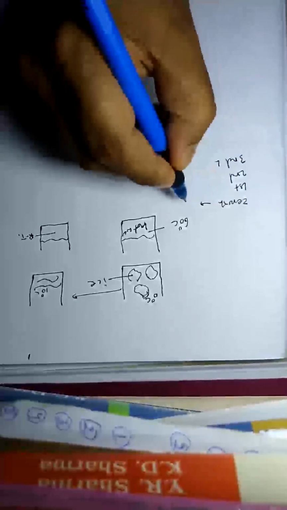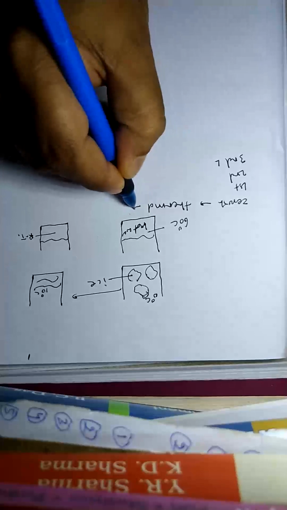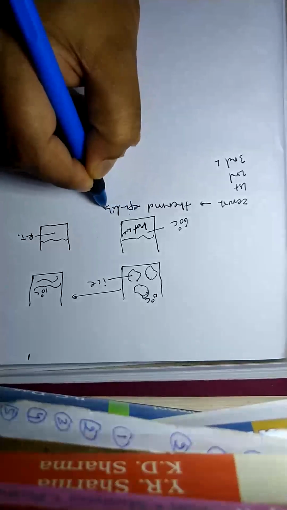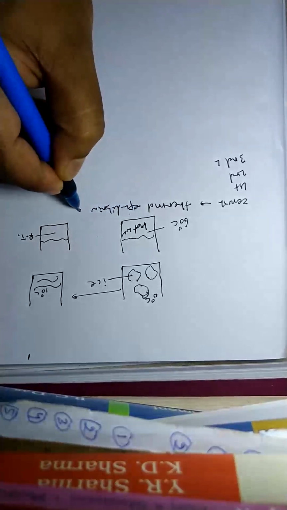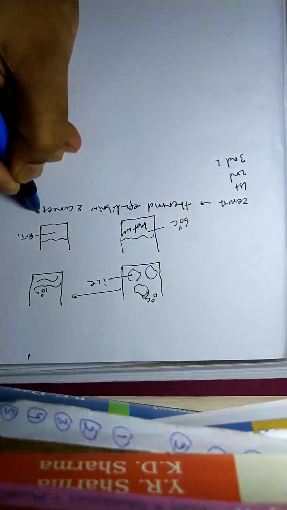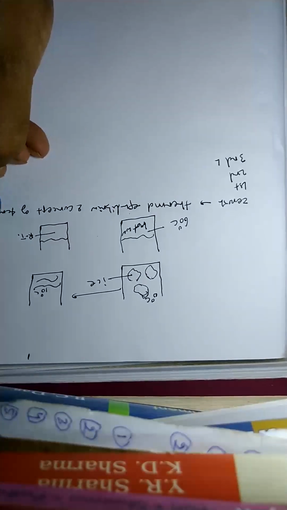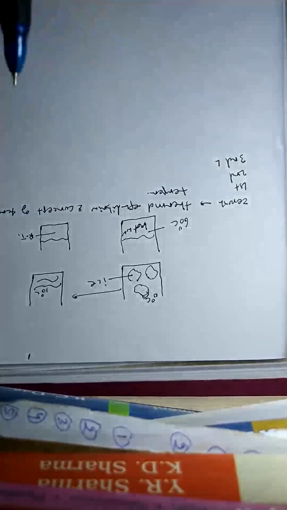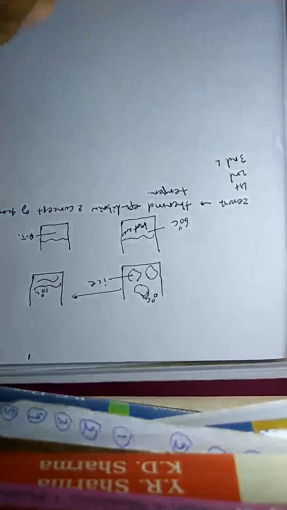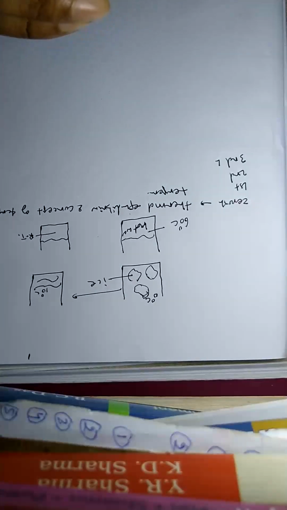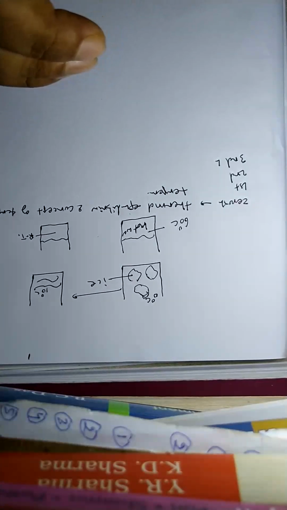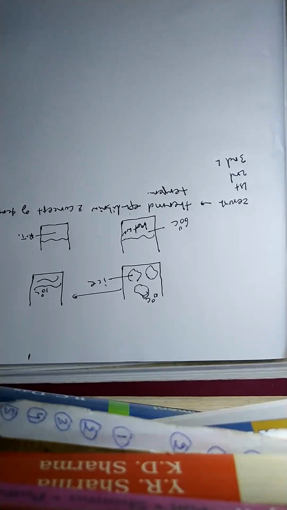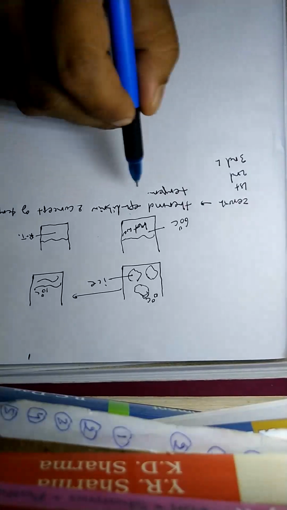The zeroth law of thermodynamics deals with thermal equilibrium and establishes the concept of temperature. We know that the temperature of a system we cannot measure directly. The zeroth law of thermodynamics deals with thermal equilibrium.